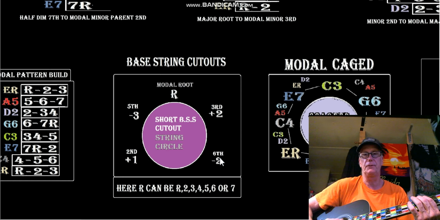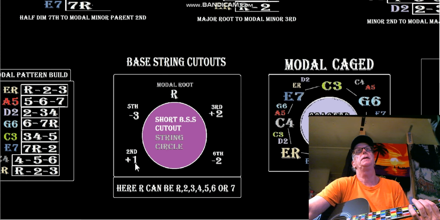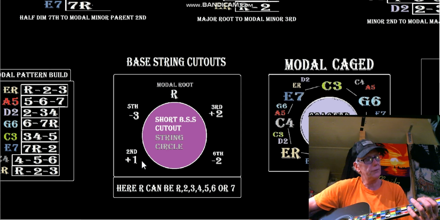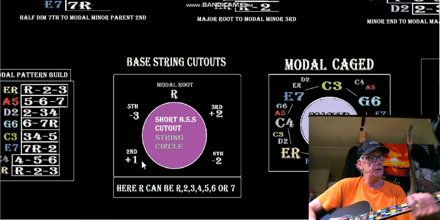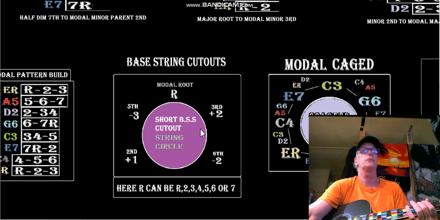The sixth of the Phrygian is the root again, that it's the Phrygian of. That kind of thing. And then the next string up would be the fourth string, root plus 1. Here's root, here's plus 1. So that would be our F.